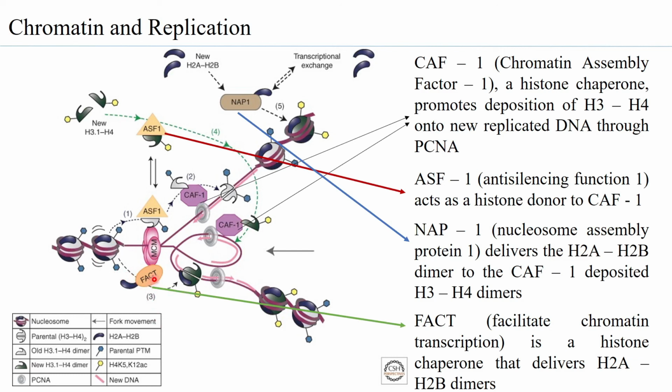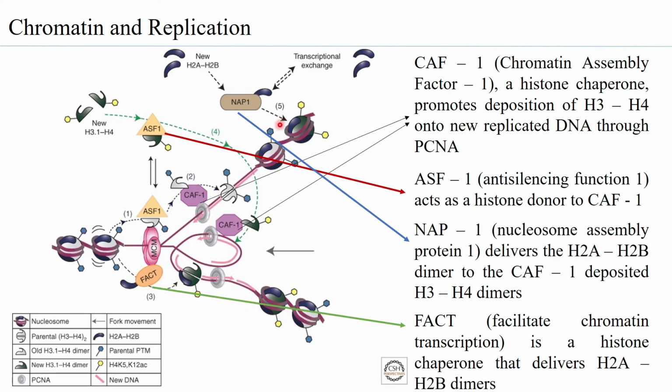So FACT is able to bind to GINS, as you can see. So it binds to the CMG complex. ASF1 can also bind to the CMG complex, and FACT is able to bring in H2A H2B dimers to be deposited. So this also has a histone chaperone role, where it is trying to assemble the dimers onto the existing H3H4 dimers, which is generally taken care of by CAF1.